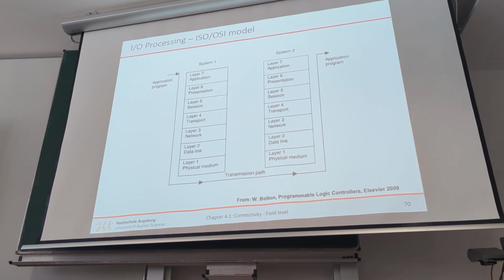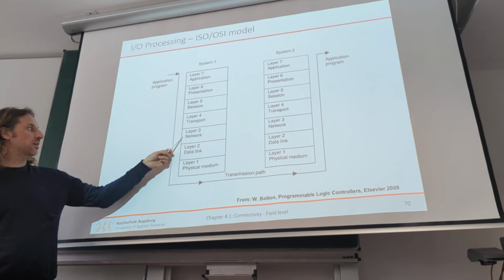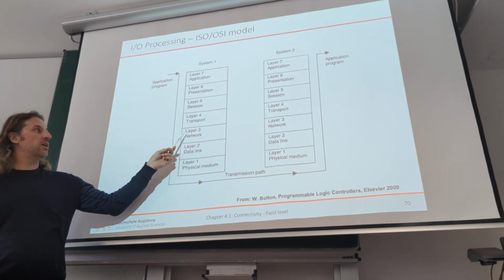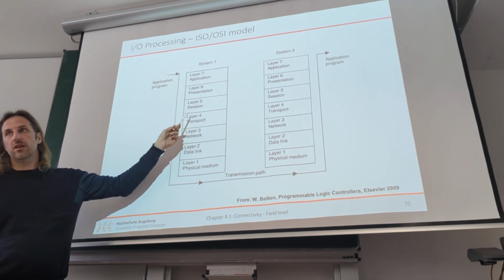On top of that, we have the network and the transport layer. Have you ever heard of TCP/IP? That's IP, our internet protocol. TCP is our transfer control protocol, and TCP/IP is usually used in the internet. On this layer we have the IP layer, and here we have the transport layer, TCP.